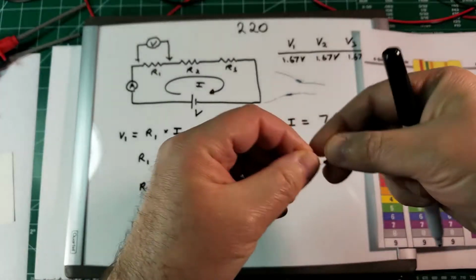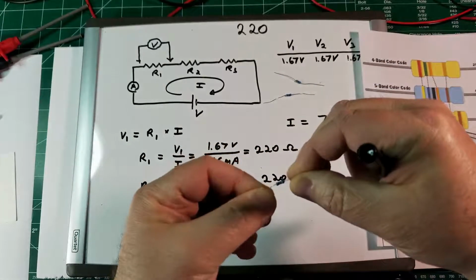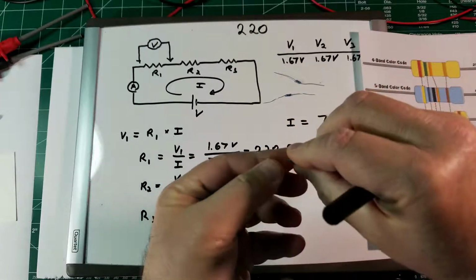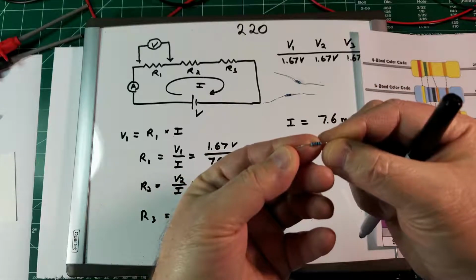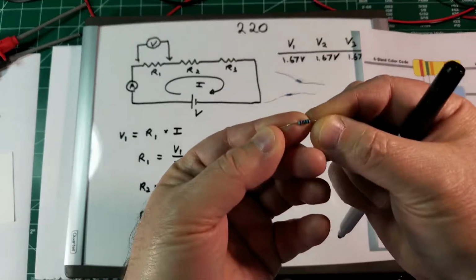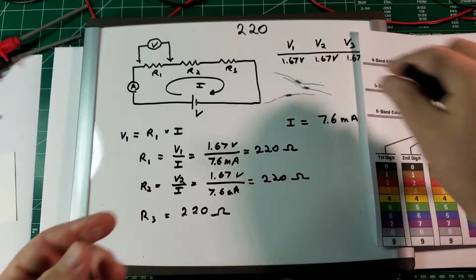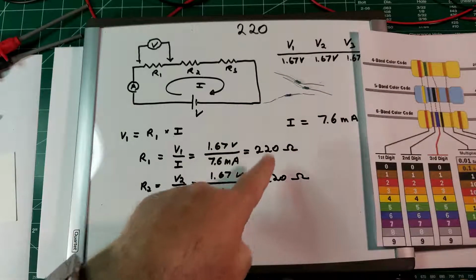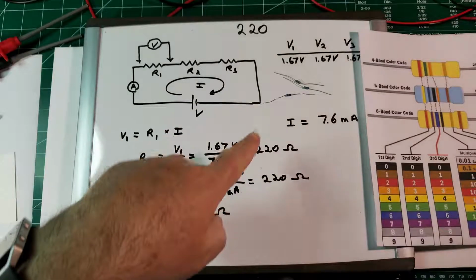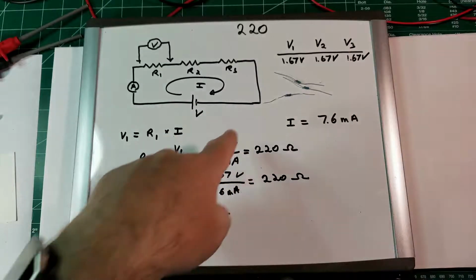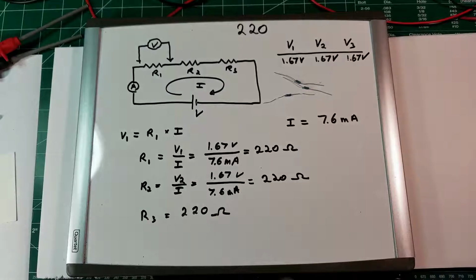And then the last one, here we go, it's red, red, black, black, another 220 ohm. So you see, the calculations that we have done based on the measurements that we took reflect exactly the nominal value of the resistors.